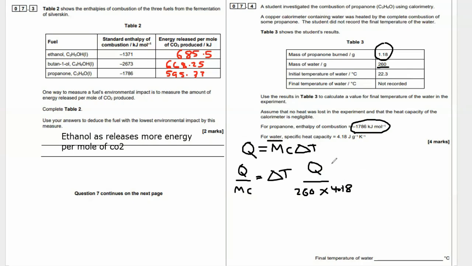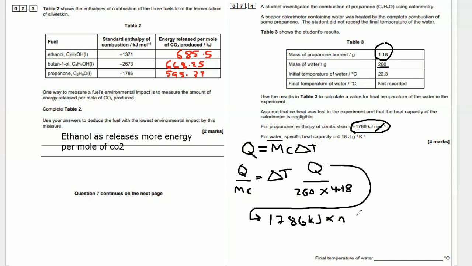So in order to find Q, we could first turn it into 1786 kilojoules, and I'm going to times it by moles. If I times it by moles, it's going to get rid of that and leave me with kilojoules.